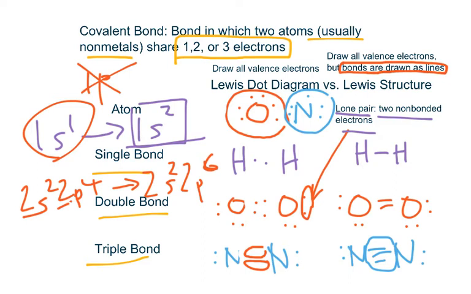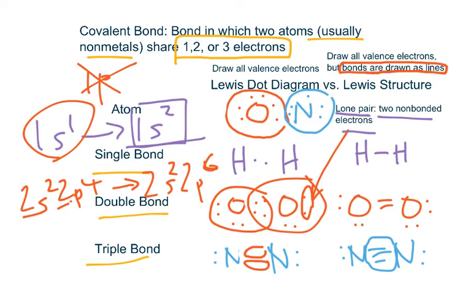Oxygen can achieve this by just getting 2 electrons and becoming oxide, but it can also achieve this by sharing electrons. So in this example, oxygen is sharing its electrons with this oxygen, and as you notice, both oxygens now have 8 electrons after each oxygen decided to share 2 electrons with the other oxygen.